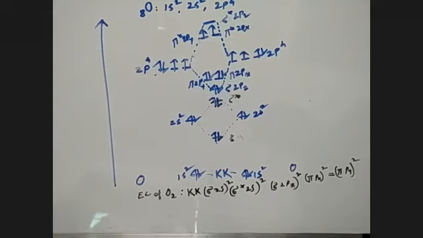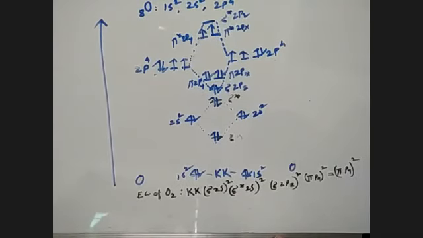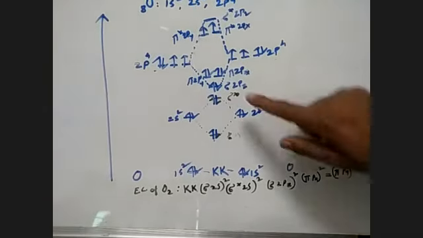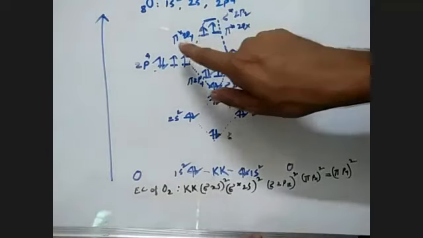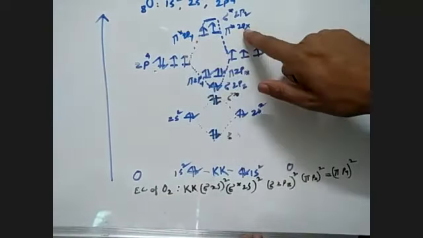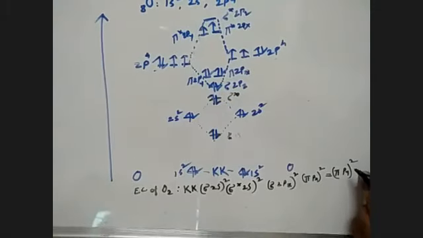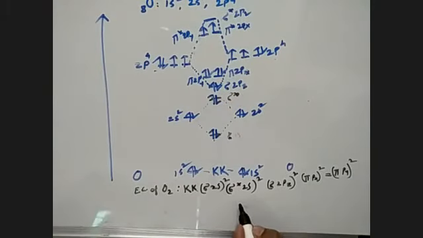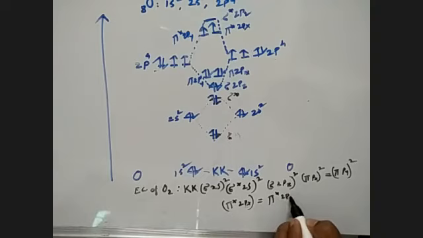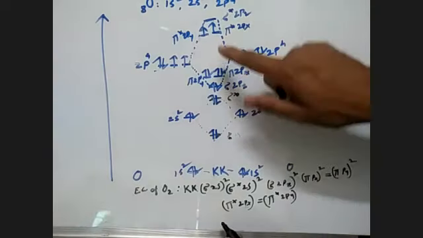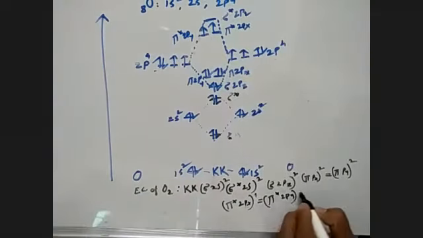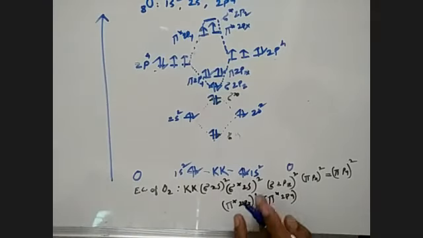Next is pi star 2px. After this, I can write pi star 2px equal to pi star 2py. And how many electrons are there? Single, 1 and 1. I will write with another pen, another color.